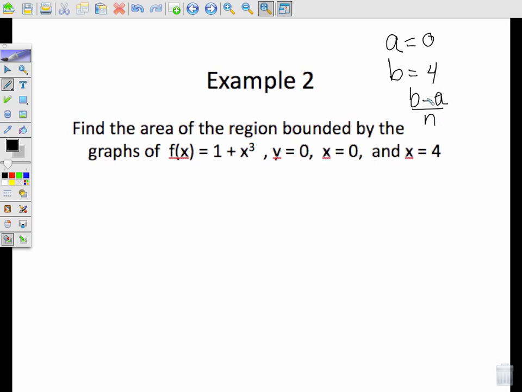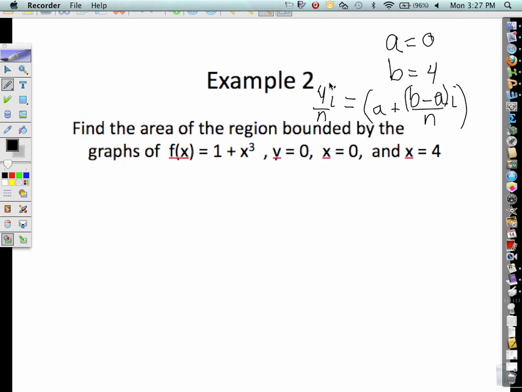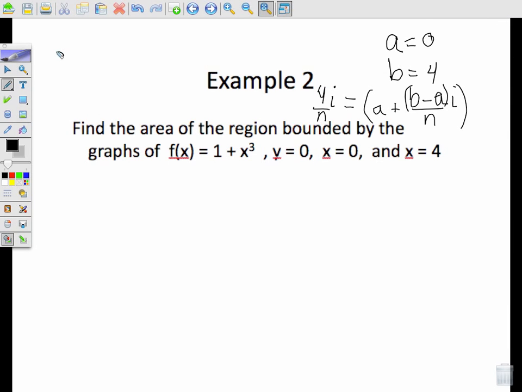Let's do b minus a over n, a plus b minus a over n, if I do all of this times i, what is this expression going to give me? Well, I've got 0 again, so 0 plus 4, so it's 4 over n times i. This is what we're going to evaluate.